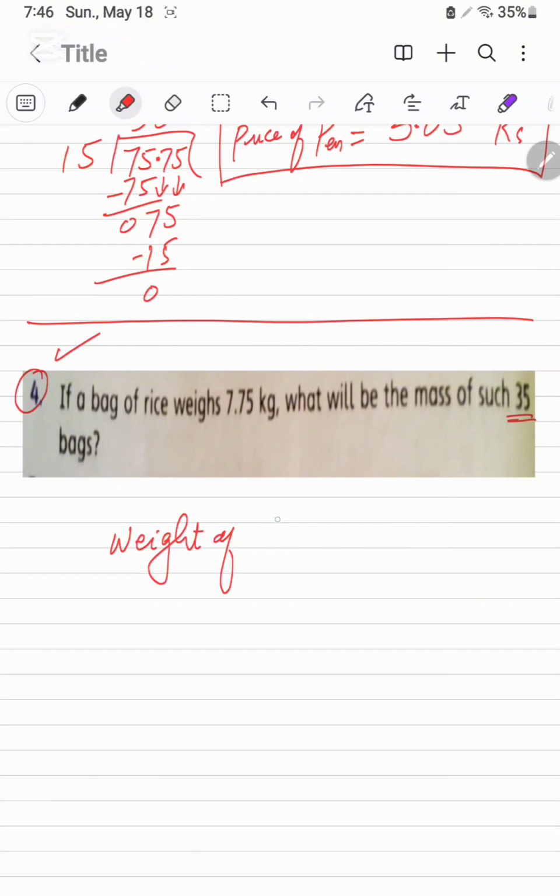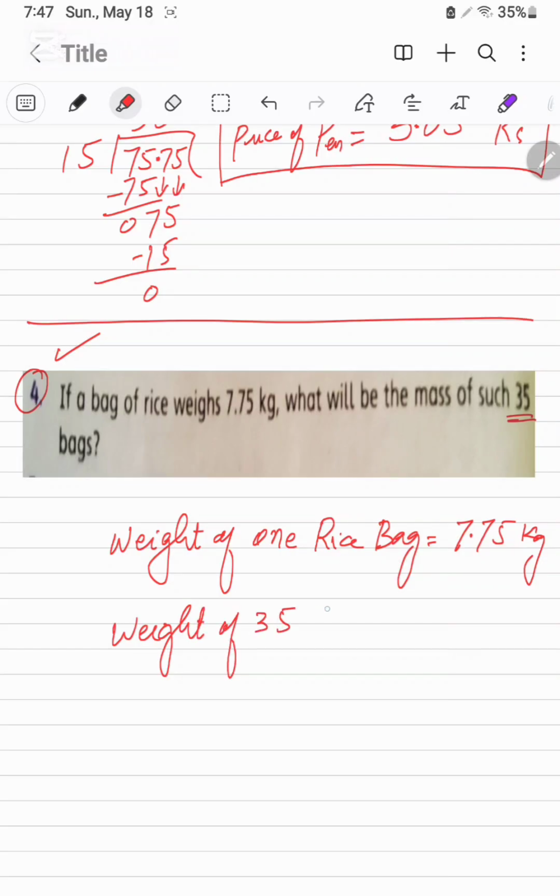Weight of one rice bag, that is 7.75 kg, and weight of 35 bags. We will multiply 7.75 into 35.